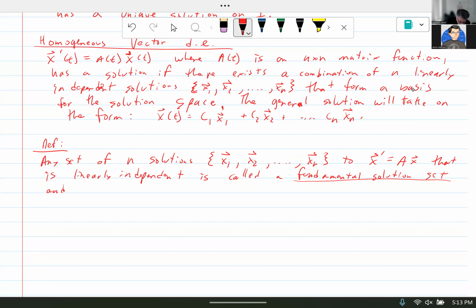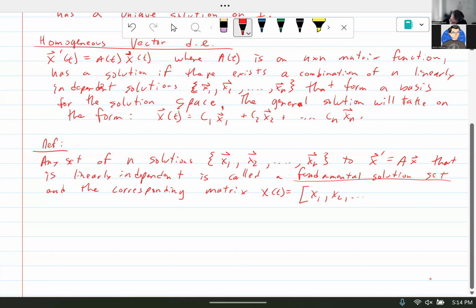And the corresponding matrix X of t equals x1, x2, dot dot dot xn is called its fundamental matrix.